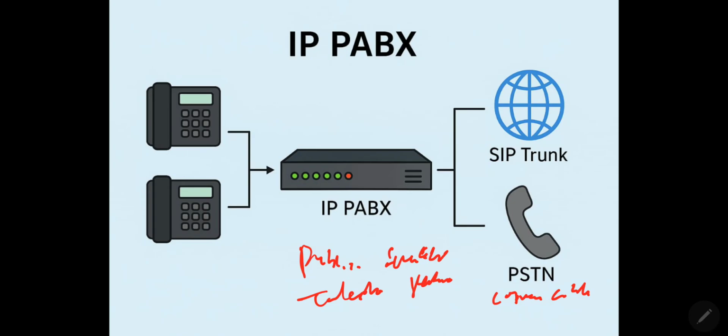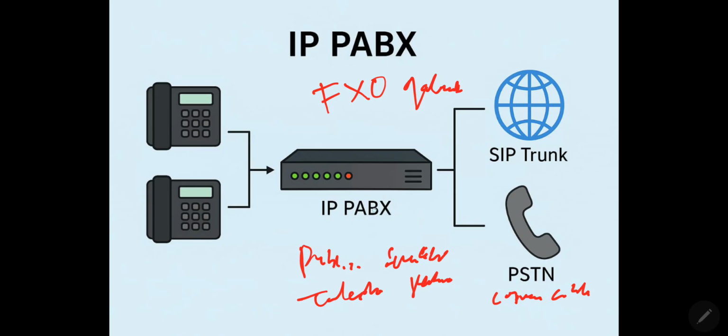Because PSTN uses copper cable that is still analog, if you want to join it to IP PABX, you need an FXO gateway.